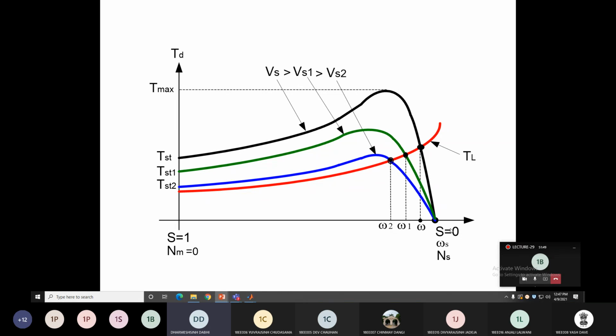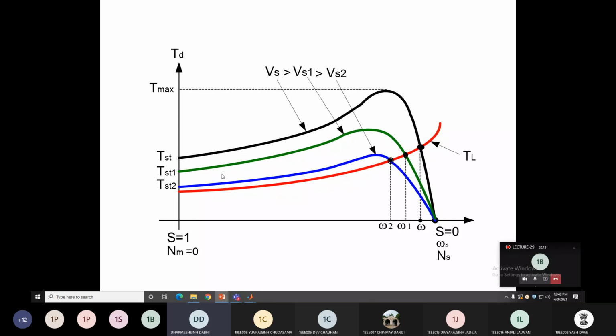Here in the x-axis there is speed and slip. So slip is moving from 0 to one side. It means that speed will reduce. Here, at first, the rated voltage operating point is this. At that time speed is omega. At Vs1 voltage the operating point is this one. Speed is omega 1.